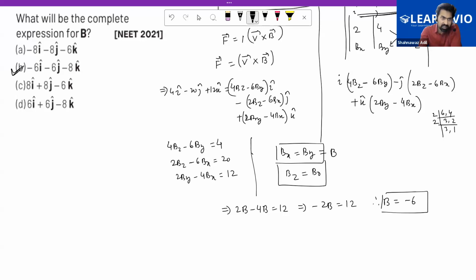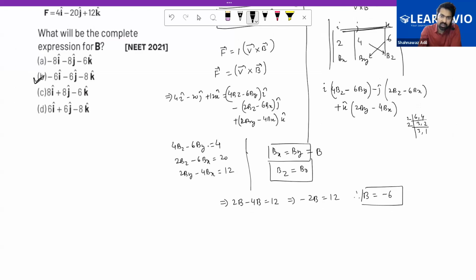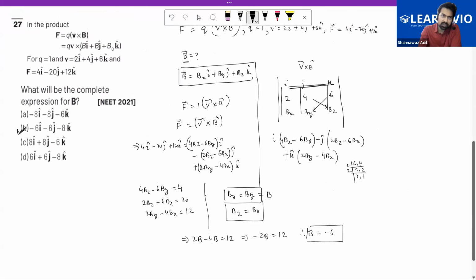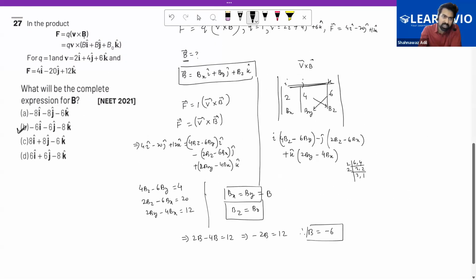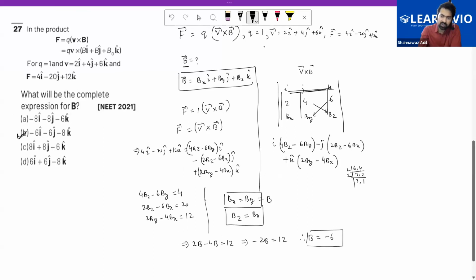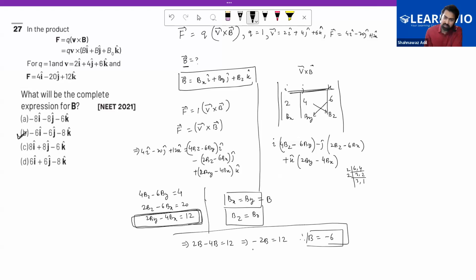Is it clear, guys? So this was given that B is B, B, and B naught, right? And we have to only use the property of cross product. So if it is clear, then quickly note this thing down, and then we will do the next problem. So we only use this third equation, and then we got our answer.